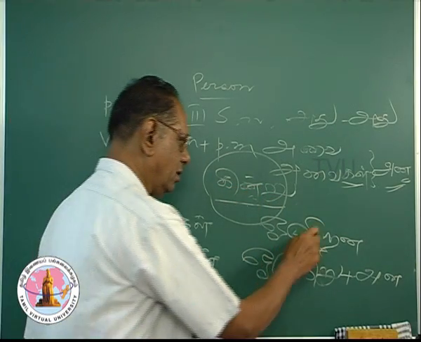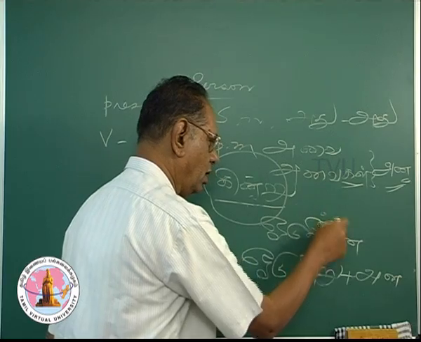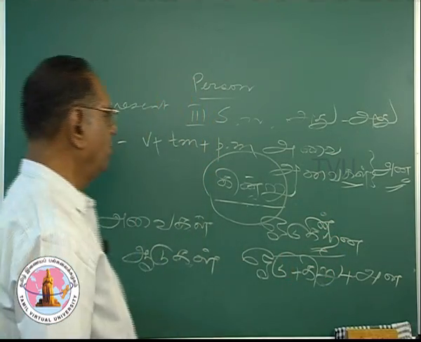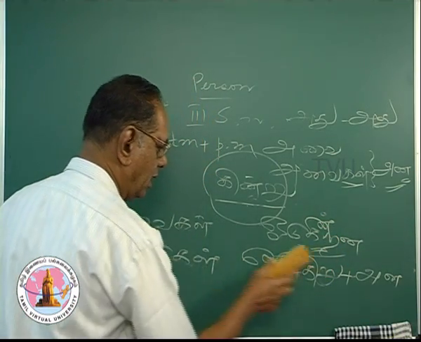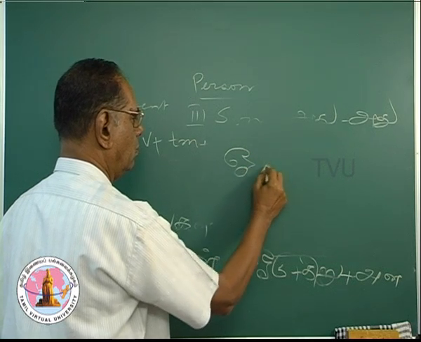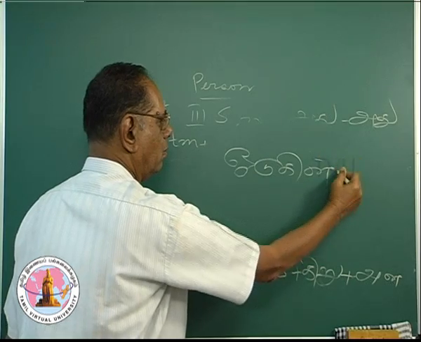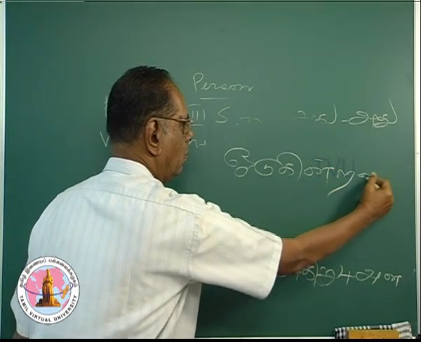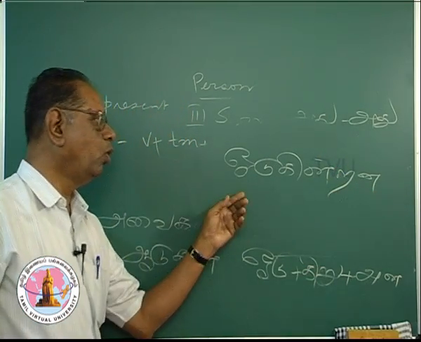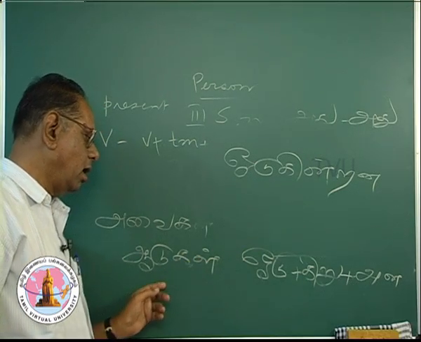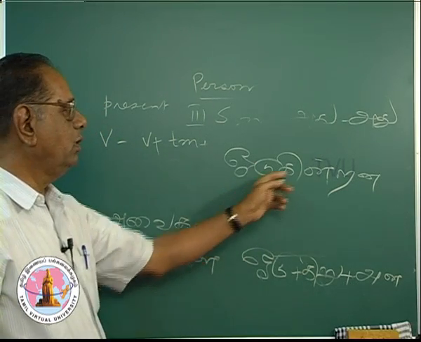So you add kindru instead of kiru and it becomes ஓடுகின்றன. ஓடுகின்றன. ஆடுகள் ஓடுகின்றன.